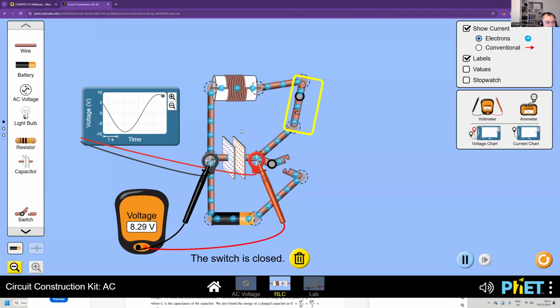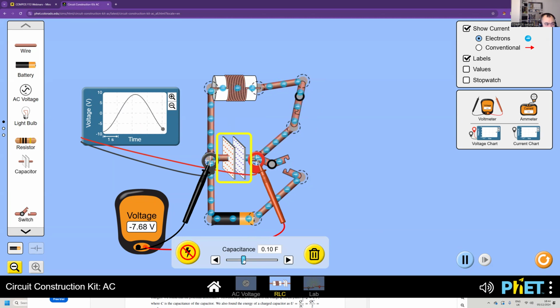Let's check that. So let's increase the capacitance. If we increase the capacitance, you can see that the time period increases. The wave becomes wavier. If I decrease the capacitance, the time period decreases.